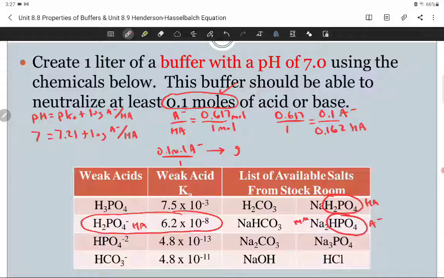And then the other item would be the 0.162 moles of HA, and convert that into grams. And that is with that molar mass of NaH2PO4. And then dissolve that into your beaker of water, and that would have a pH of exactly 7.